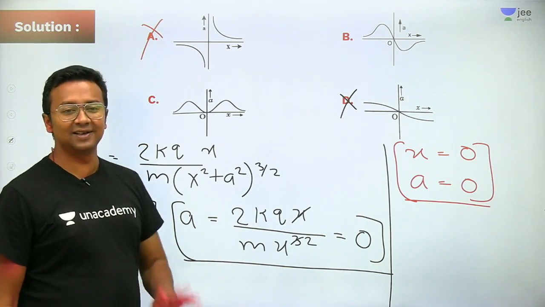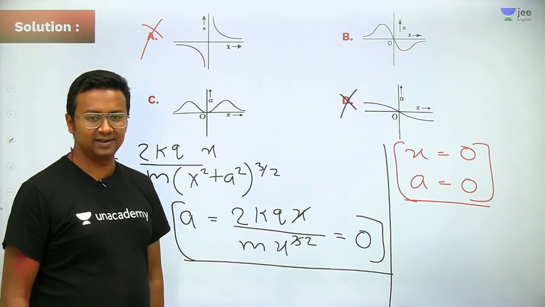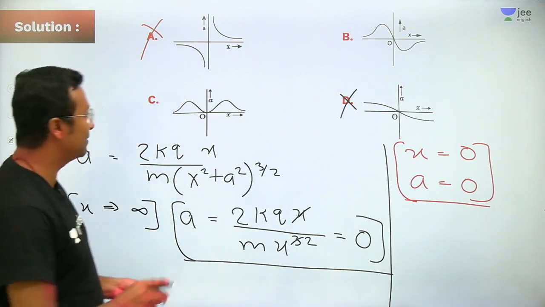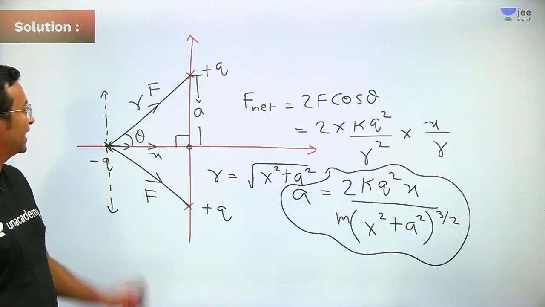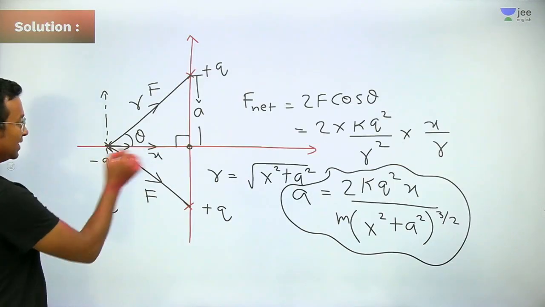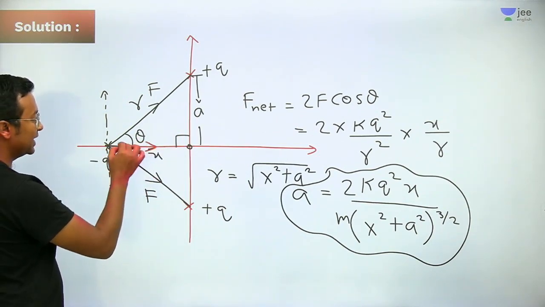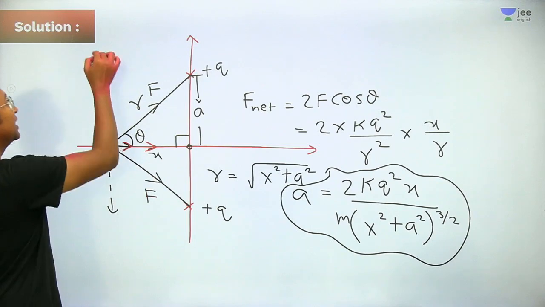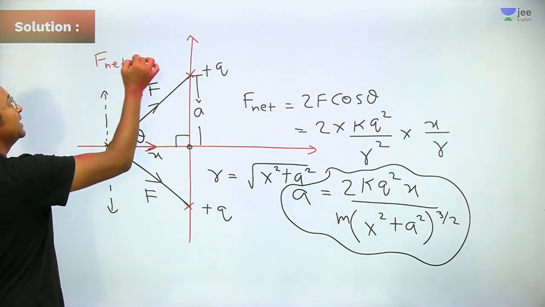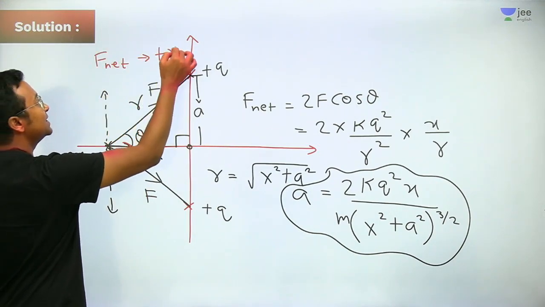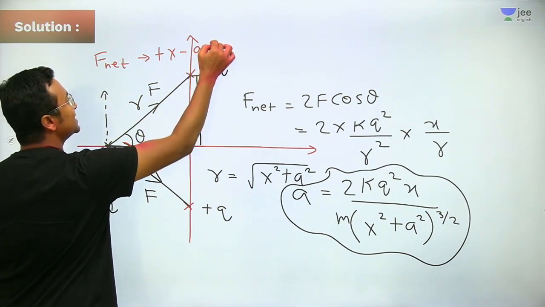Acha, now another thing, analytically we will do it. Try to see the diagram right now. In this region, when x was negative, the net force is in which direction? F net is actually along the positive x-axis.